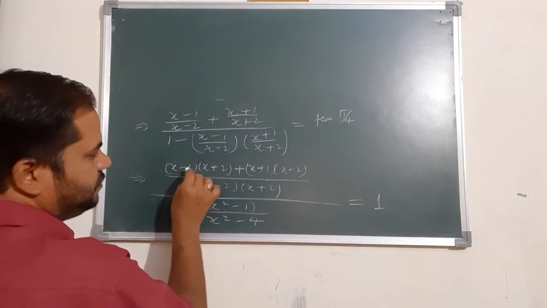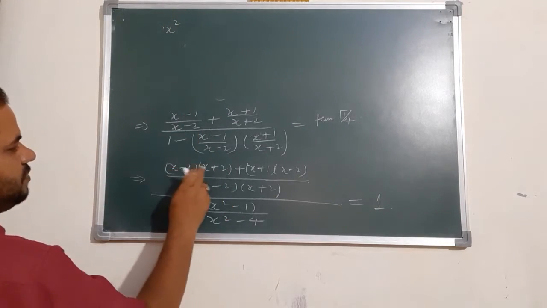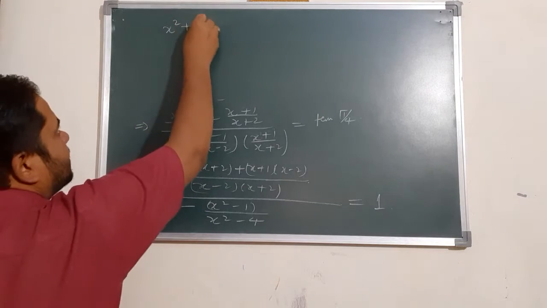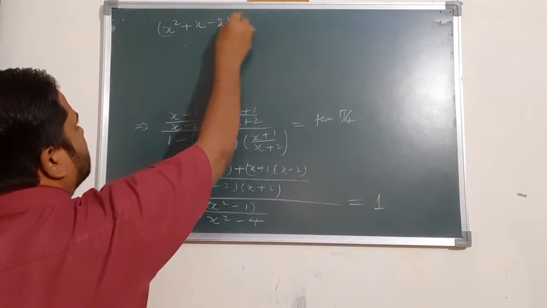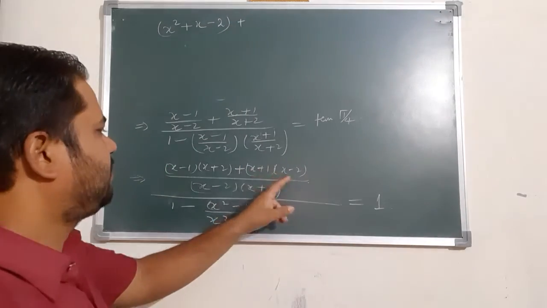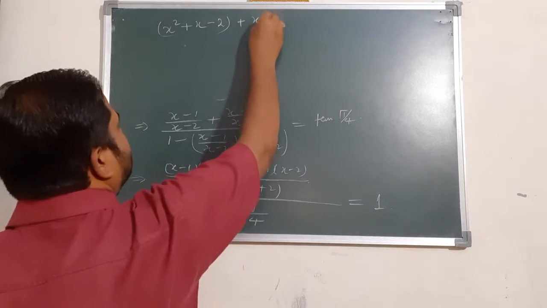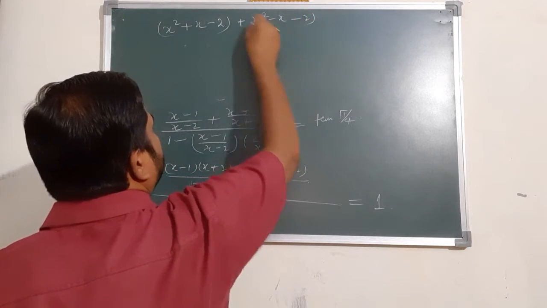So we just multiplied: x square plus 2x minus x, this is x, and minus 2, plus x square minus 2x plus x. So x square minus x minus 2.